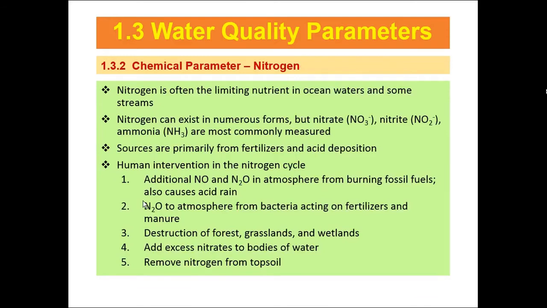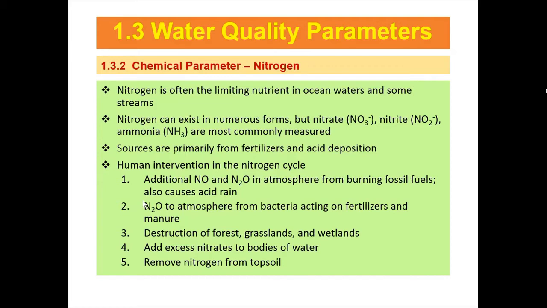Okay, next for the chemical parameters is nitrogen. So what is nitrogen? Nitrogen is often the limiting nutrient in ocean water and some streams, so it is commonly found in the ocean and sometimes in streams and water bodies.